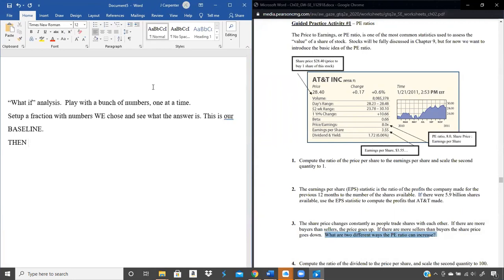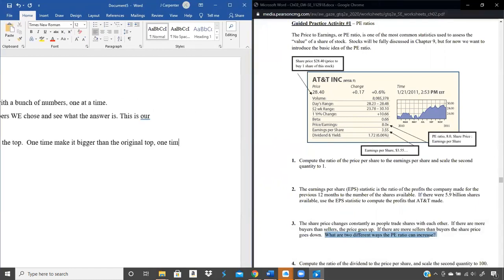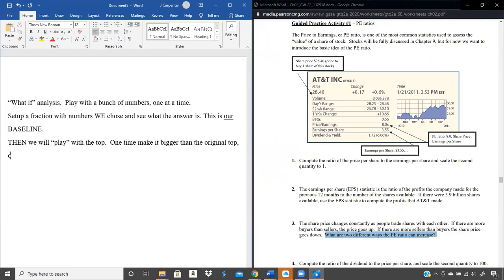Then what we're going to do is take the top. So then we will play with the top. One time, make it bigger than the original top. One time, make it smaller.